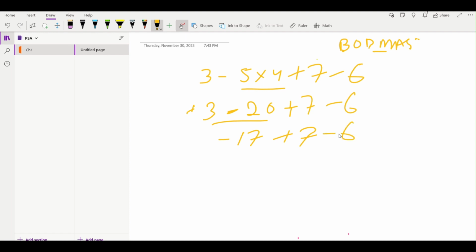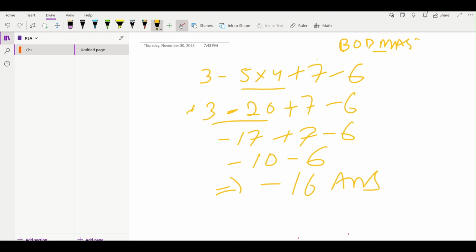Minus 17 plus 7 results in minus 10, and then minus 6. Only the subtraction is left, so we subtract it. So minus 16 will be our answer.